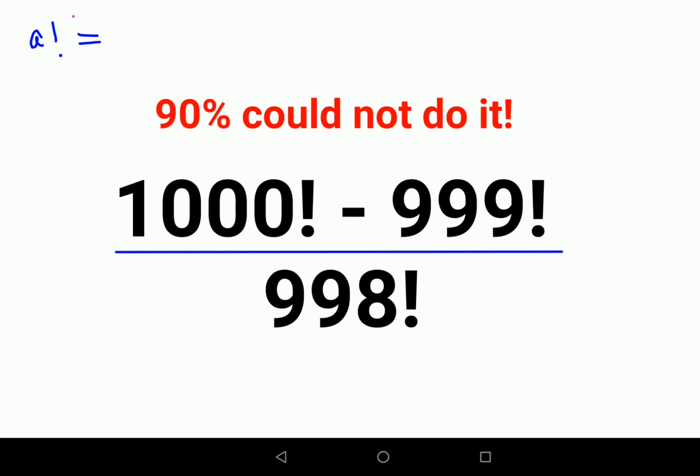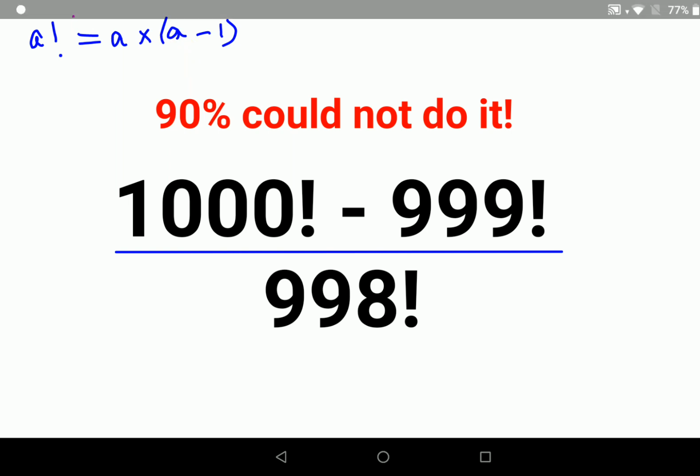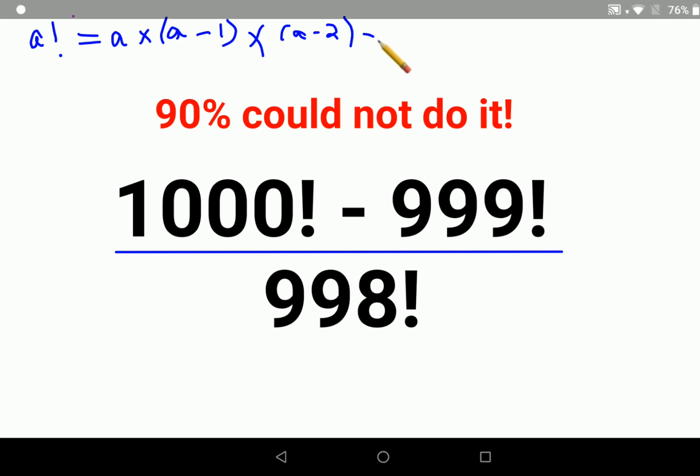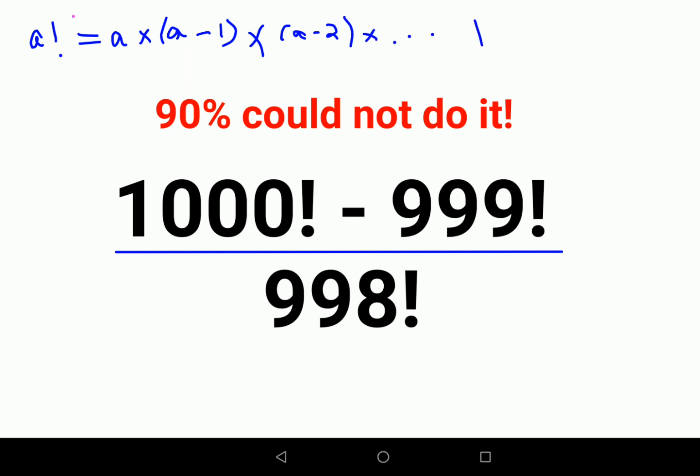Now first understand, whenever you have a number which is followed by a factorial sign, you can put it in its mathematical form by multiplying that number with the next consecutive number in descending order. Okay, so this is n minus 2, and then you will go on up to the value 1.